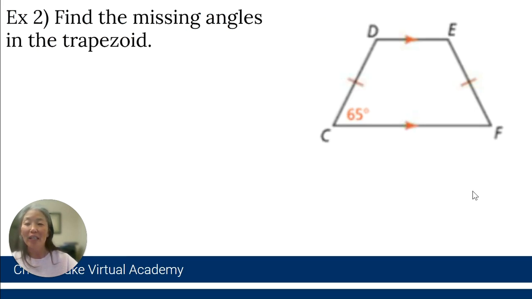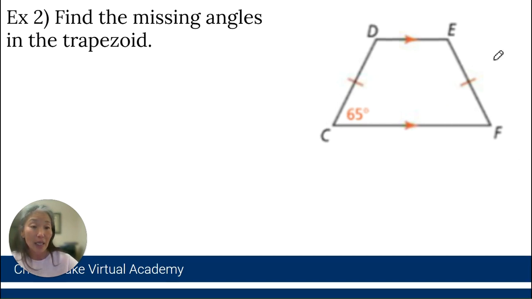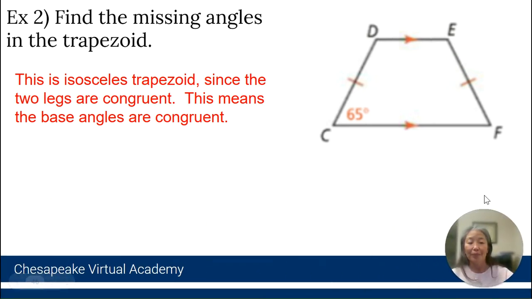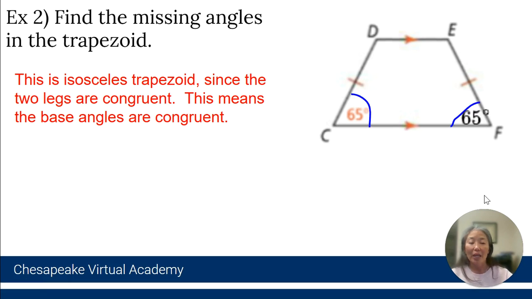Okay, for this one, we're going to find the missing angles in the trapezoid. Now, this is called an isosceles trapezoid because these two are congruent. Those are called the legs. Remind yourself the legs are congruent, so the base angles are going to be congruent. Those two are going to match, and similarly, these two are going to match. So the bottom angle, angle F, is going to be 65 degrees.